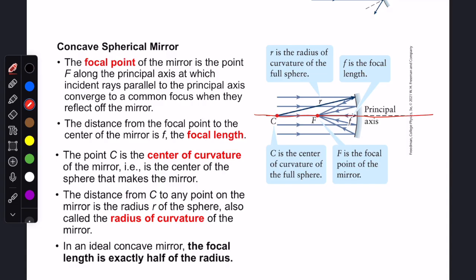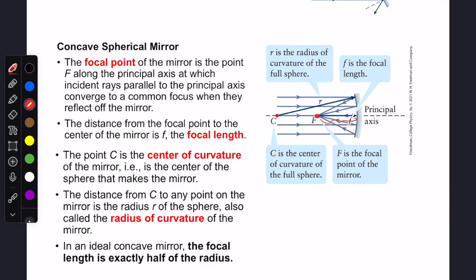The focal point is where all the light rays converge, and we define its distance from the mirror as the focal length. So the focal point is this dot. The focal length, little f, is this distance.